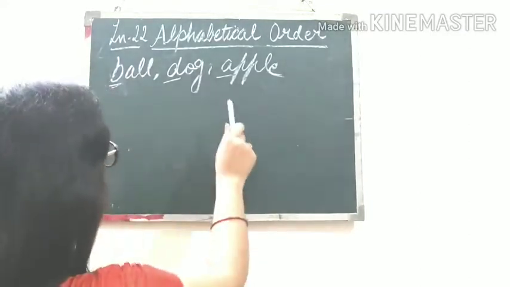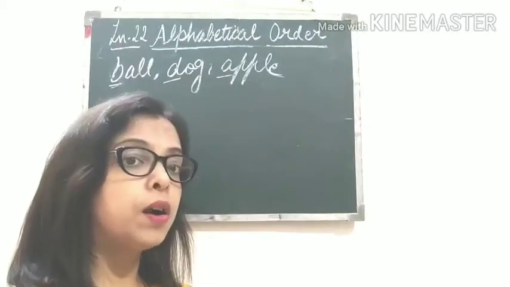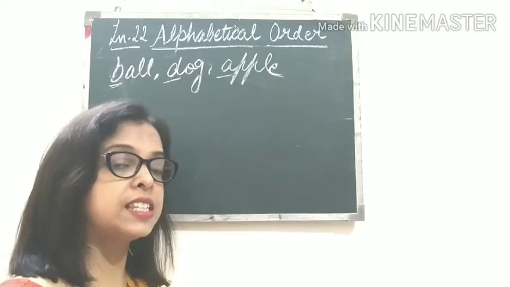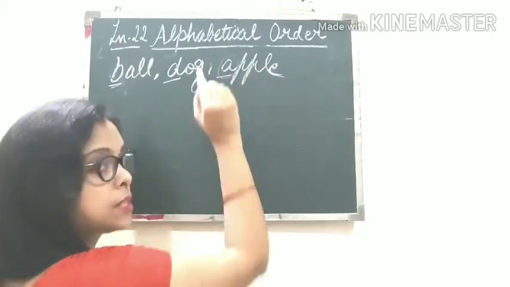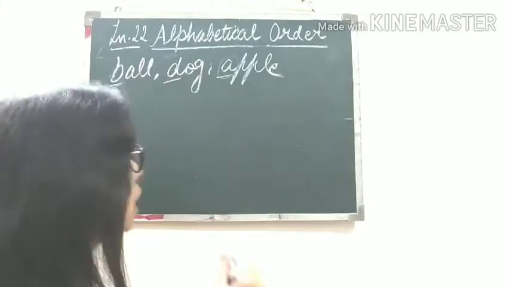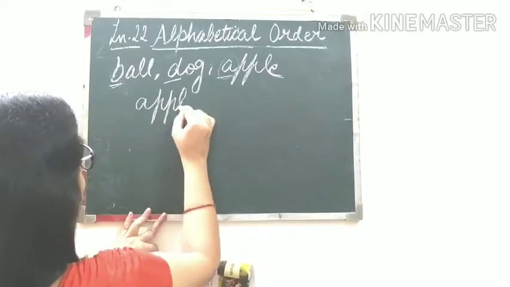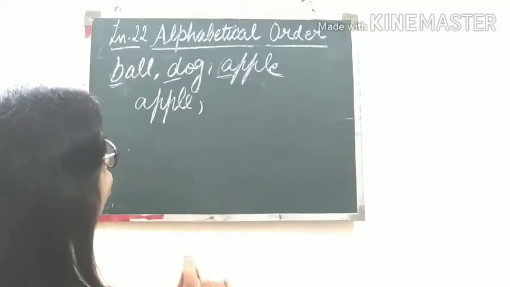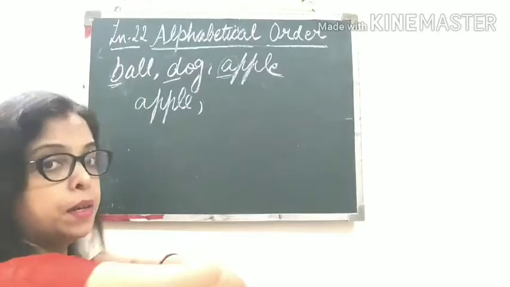If we see these words, ball, dog, apple. Now which is the word in which the first letter comes first? Apple. Because A comes first, it is the first alphabet. So first we will write apple. Now what comes second? After A, B comes. So here B, ball.